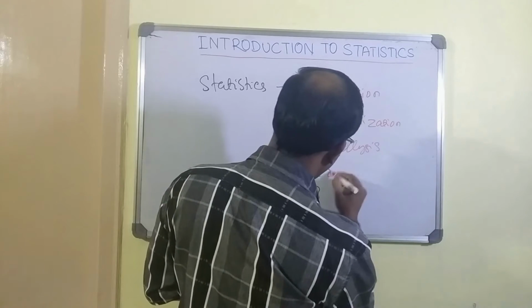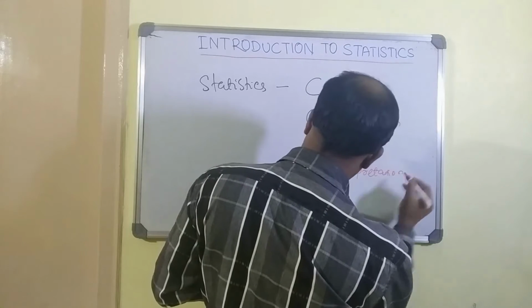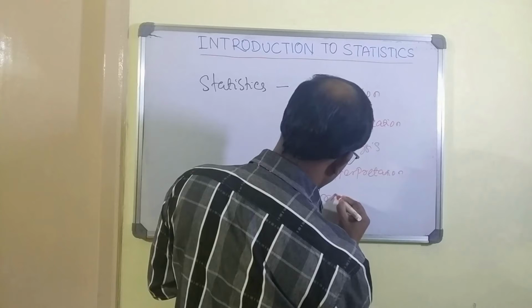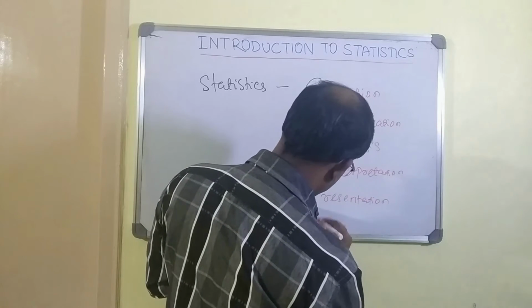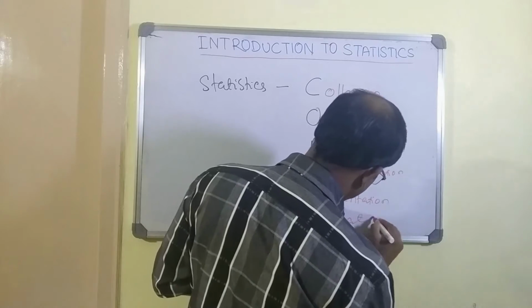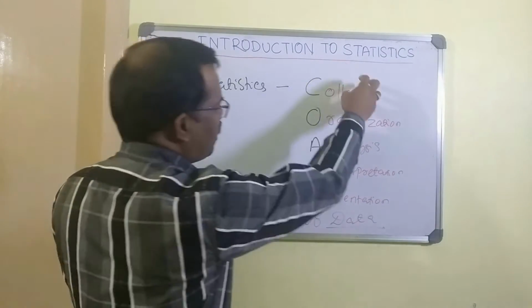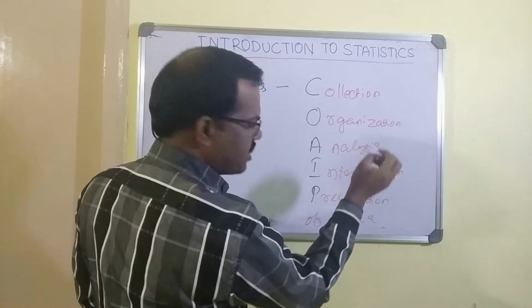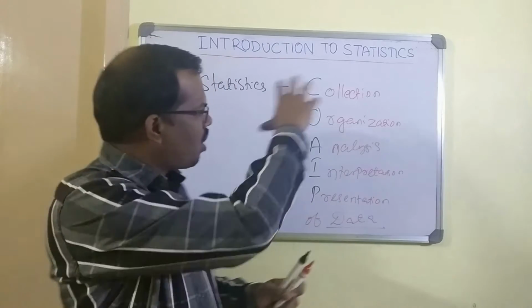I stands for interpretation. And P stands for presentation of data. So you collect, organize, analyze, interpret and present the data. So this is all about statistics.